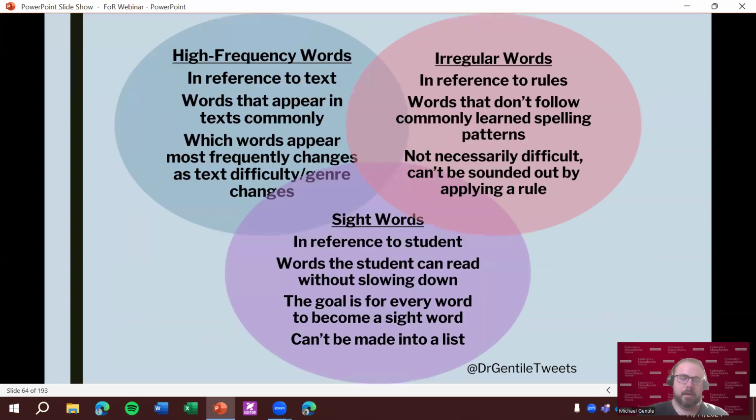An unfortunate thing about the programs that you'll see is that people will use different words to describe irregular words inconsistently across programs. Most programs are probably internally consistent. But it can be really hard if your school is changing curriculums every couple years.